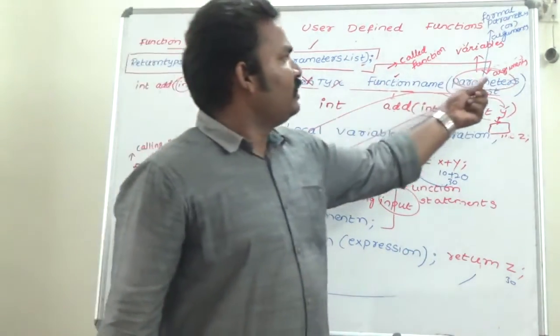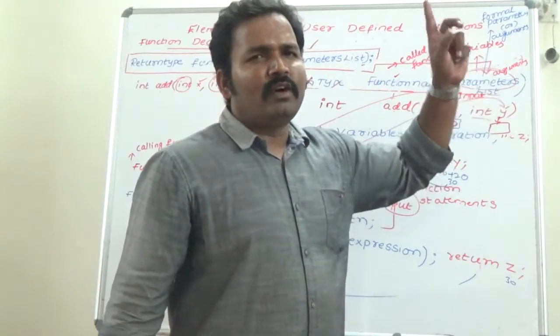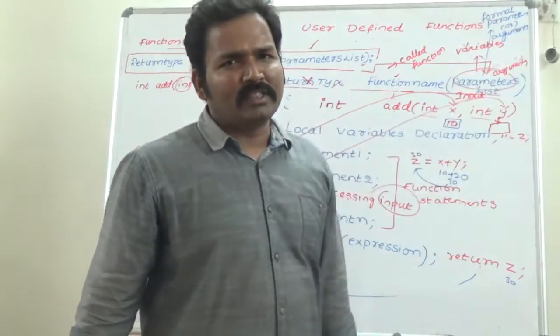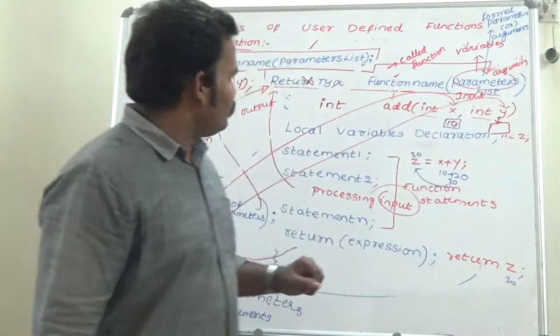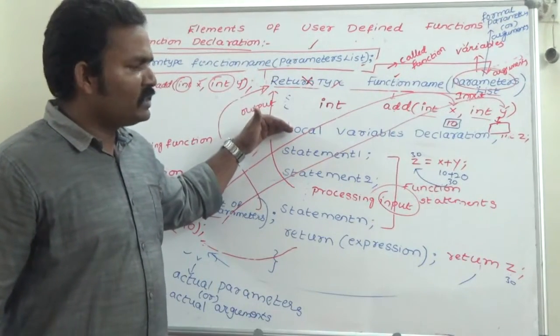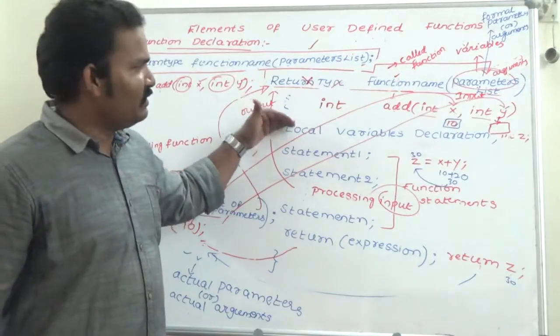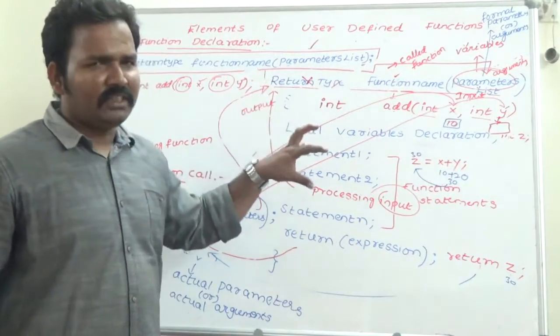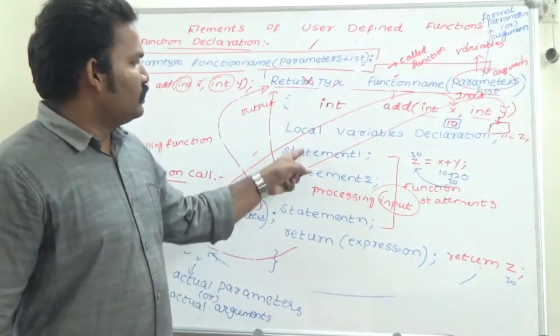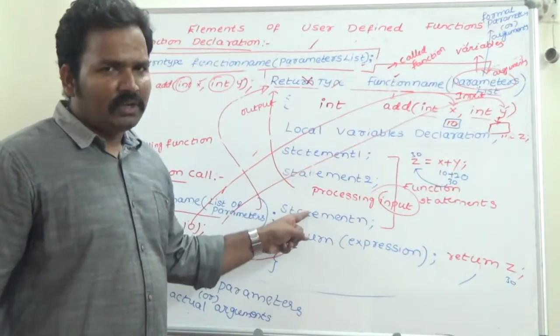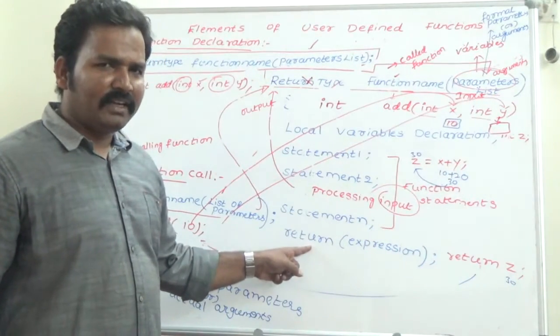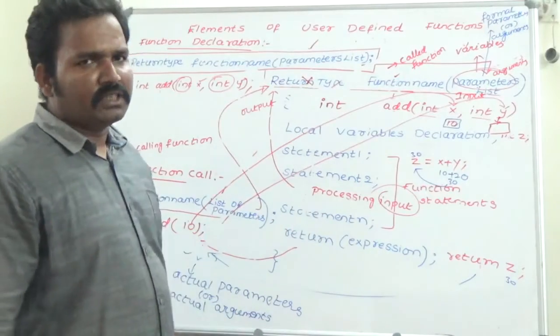These parameters are called formal parameters or formal arguments. Next, local variable declaration contains local variables. These variables can be accessed only within that function. In function statements, we can write the logic. The return statement can return a value to the calling function.